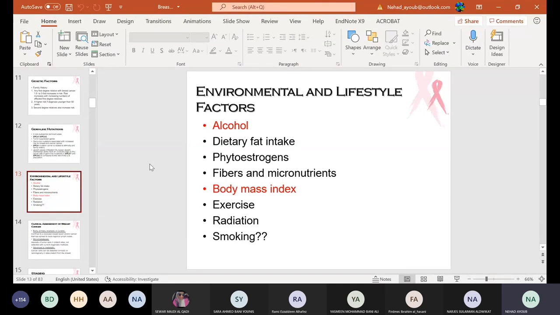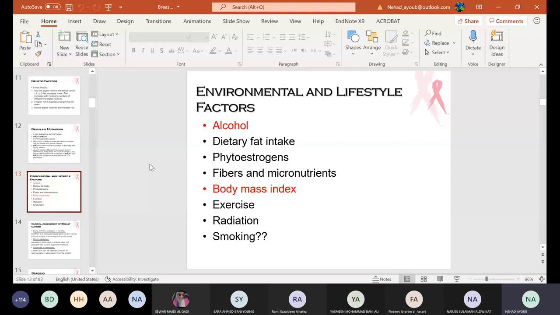There is no type of alcohol that is safe. Any kind of alcohol, at any time, at any amount, definitely increases the average female risk of breast cancer.